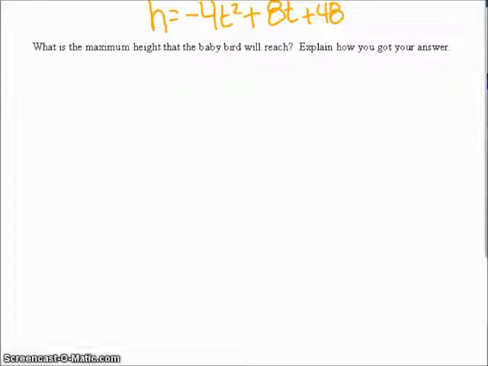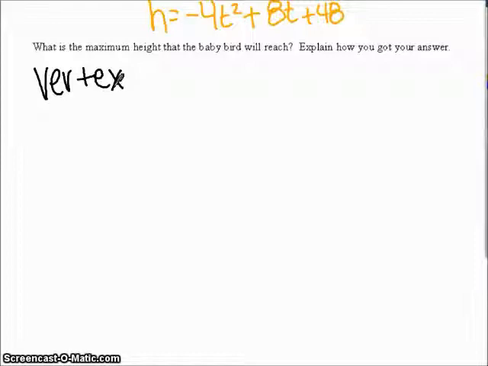Alright, now we're going to look at the second question, which is, what is the maximum height the baby bird will reach? Explain how you got your answer. So right when I see maximum height, I know that we are going to be looking for the vertex of this equation.